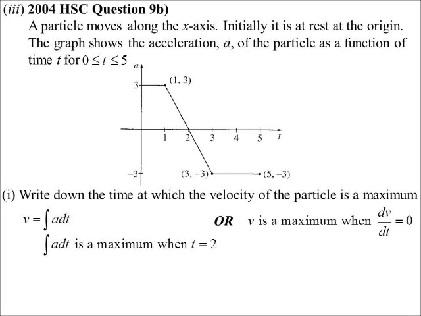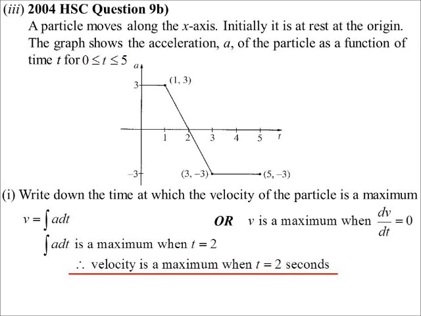Or another way of thinking about it is, if velocity is a maximum, its derivative, which is acceleration, must be 0, because that would be the stationary point. And if we look at our graph, the acceleration is 0 at t equals 2. So either way, velocity is going to be a maximum at 2 seconds when we read off that particular graph.